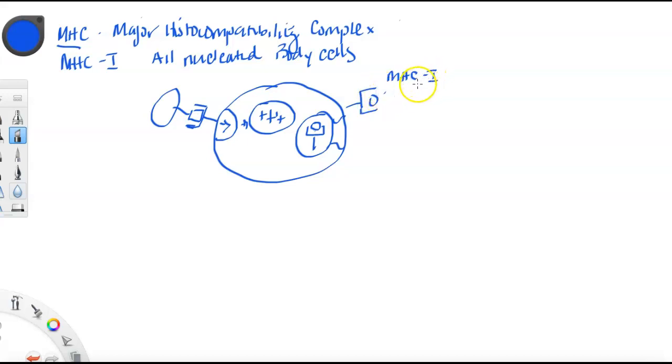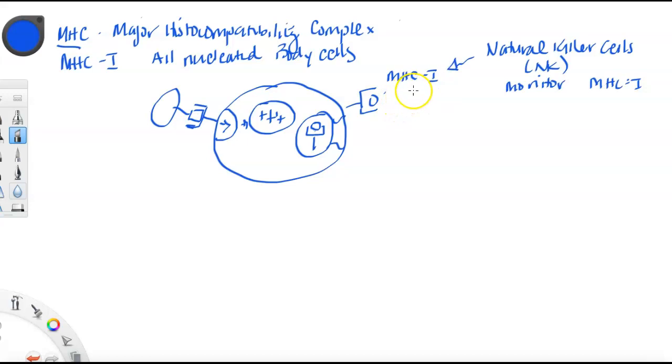This is what I have. This is what I found. This has been something awesome in me or whatever. Okay? That's what it does. That's why we say that natural killer cells, so NK cells, they monitor MHC1. So they monitor the MHC1s on our body cells to see what they are posting.